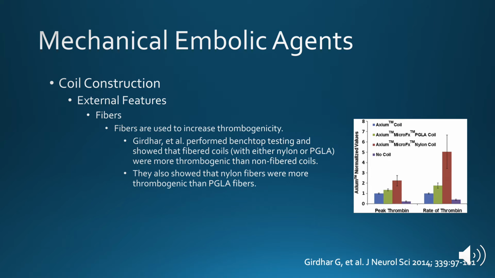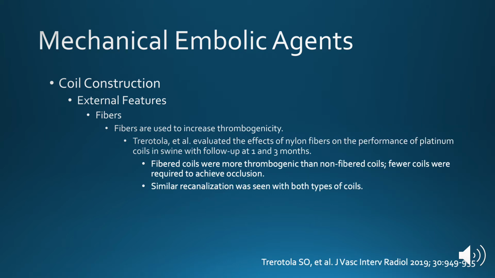This study performed benchtop testing and showed that fibered coils with either nylon or PGLA were more thrombogenic than non-fibered coils, which validates the reason why fibers are there in the first place. It also showed that nylon fibers were more thrombogenic than PGLA fibers. Scott Trerotola also looked at this.